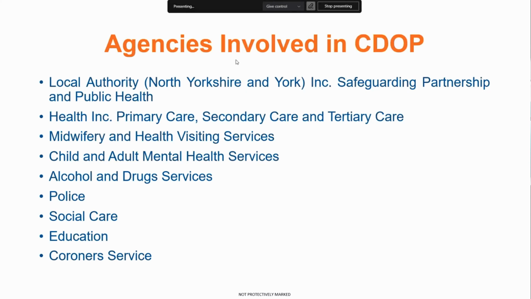And another key player is, of course, the coroner service, who obviously will do their reports and inquests, and we will wait until that information is finished before we will finalise the CDOP process, so that we have all of the information to hand at the time of the review.